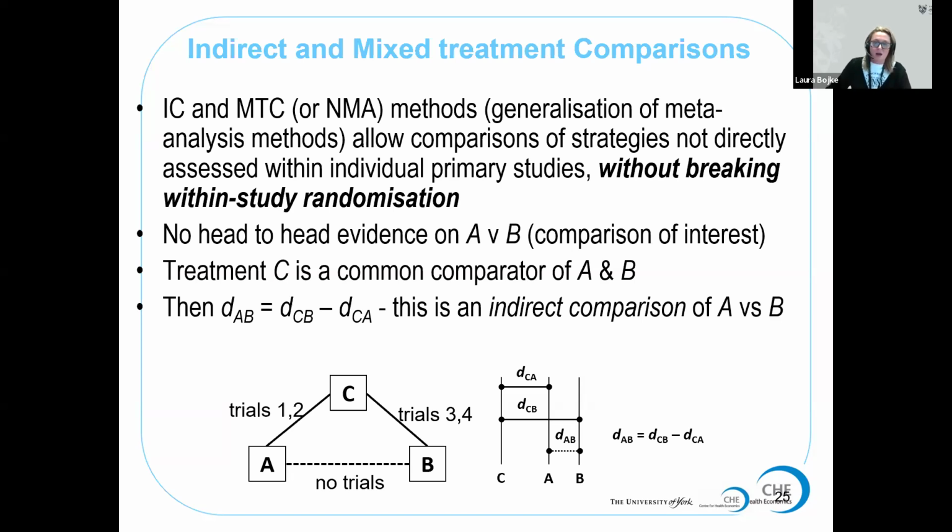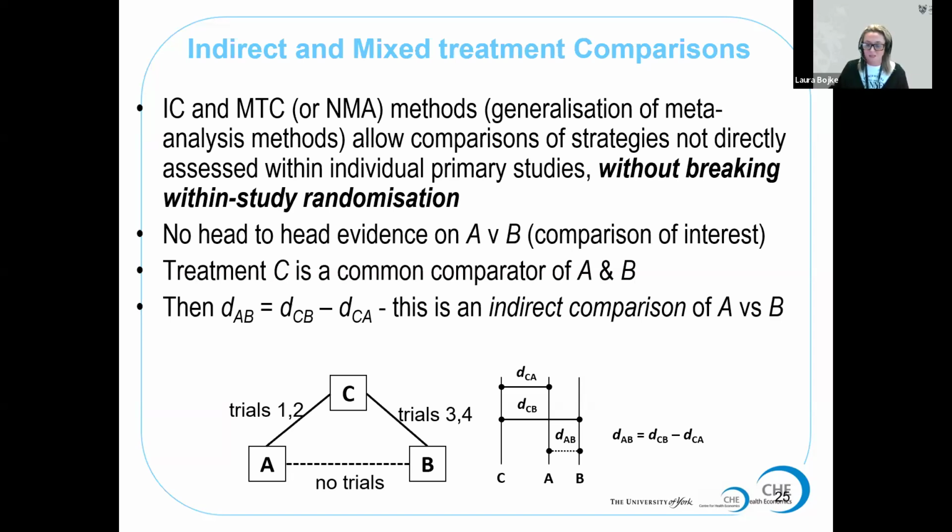Now we can use that as a network of evidence to determine what we might expect to observe had we conducted a trial that directly compared A versus B. So it follows that the treatment effect for A versus B is equal to the treatment effect for C versus B minus C versus A. You can see that at the bottom of the diagram.